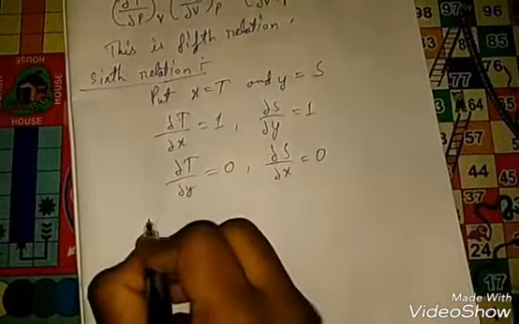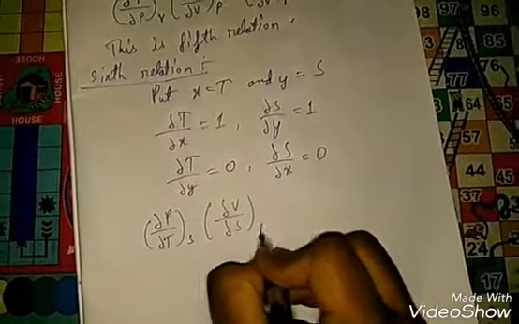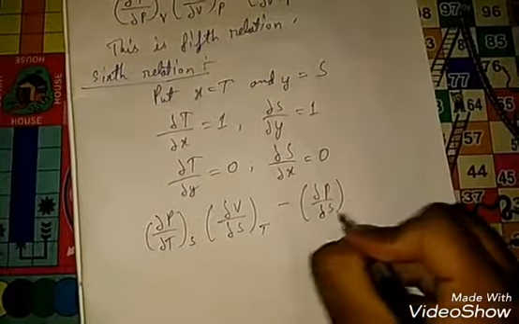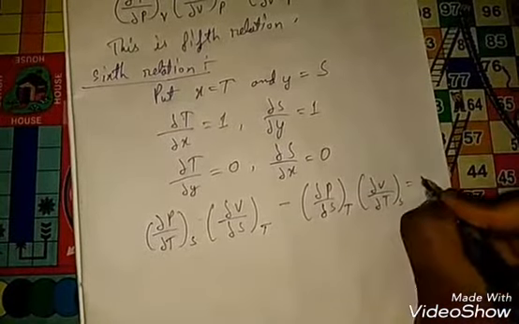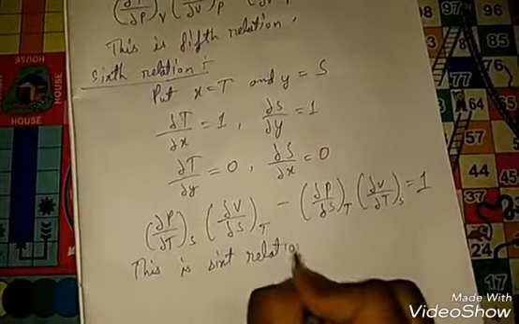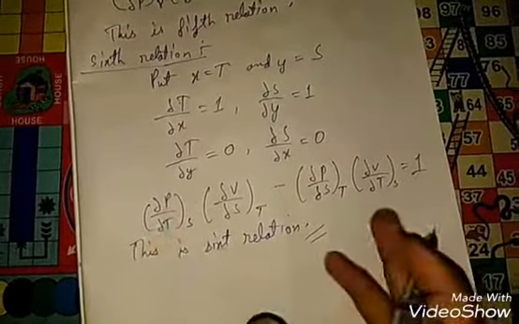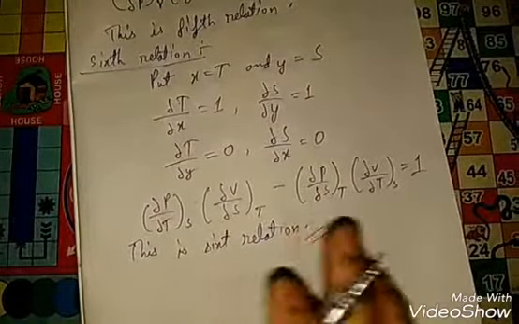So for this we get a relation like this: del p by del t keeping s constant multiplied by del v by del s keeping t constant, minus del p by del s keeping t constant, del v by del t keeping s constant is equal to 1. This is the sixth relation. So these are Maxwell's six relations which Maxwell derived from the Maxwell thermodynamical relation.